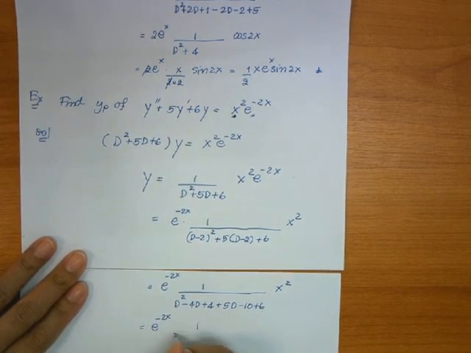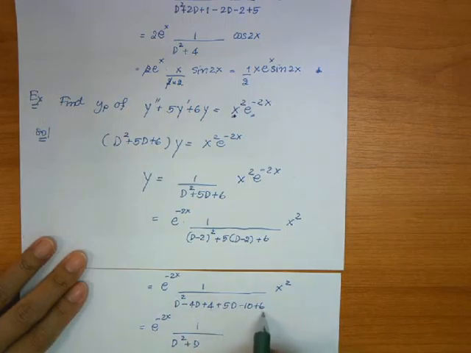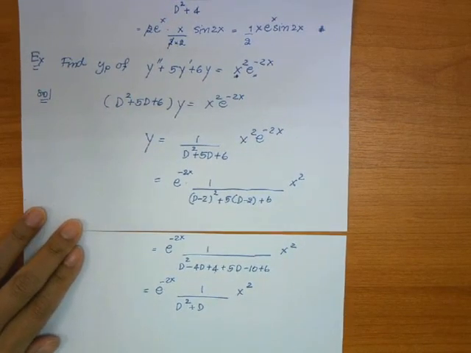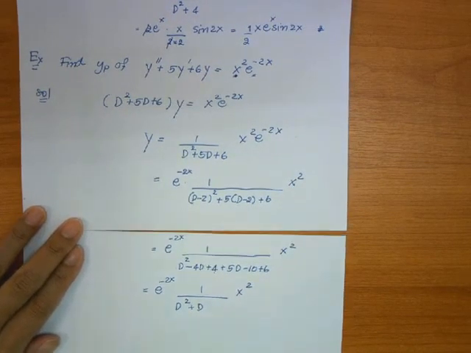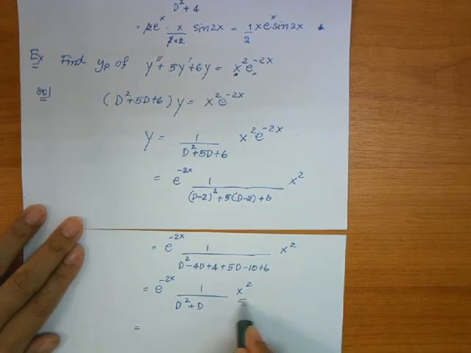You would get 1 over D squared minus 4D plus 5D equal to plus D. 4 and 6 equal to 10. 10 minus 10 equals to 0. So that's what you get. This one is case 1.